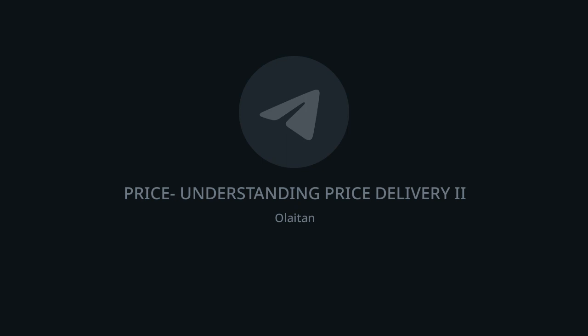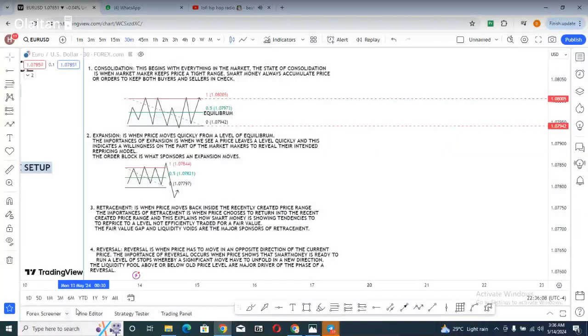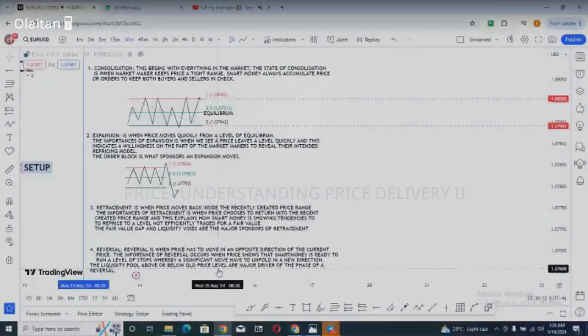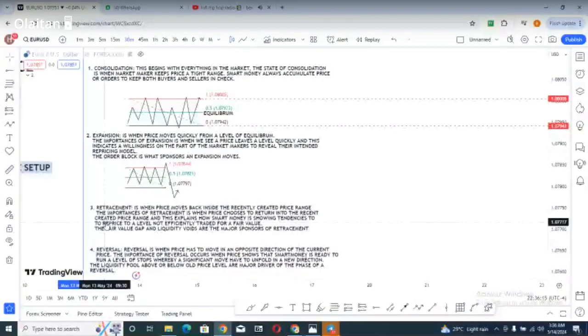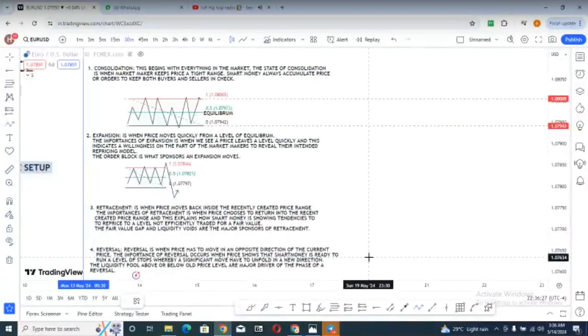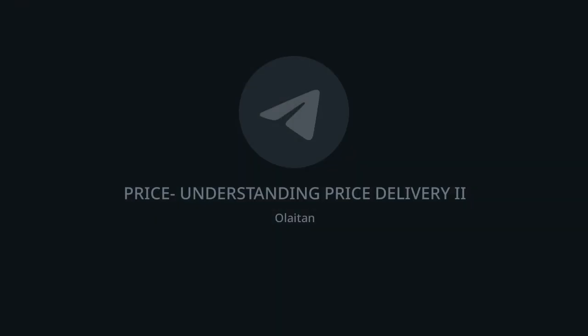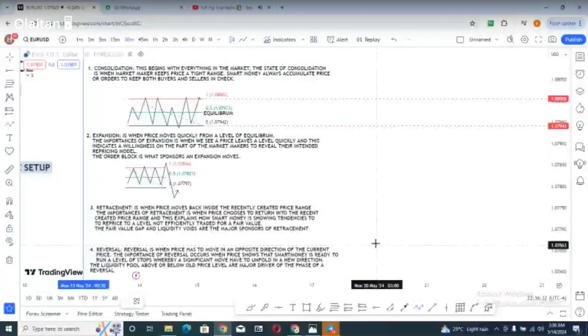The liquidity pool above or below an old price level is a major driver of the reversal phase. A reversal happens majorly around a major liquidity point, which will be taught. I've not taught you about liquidity yet. These are concepts you need to understand.